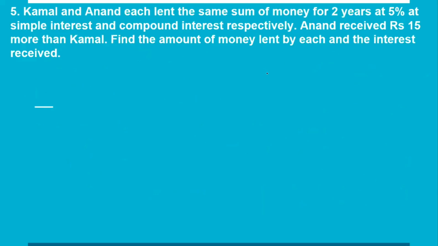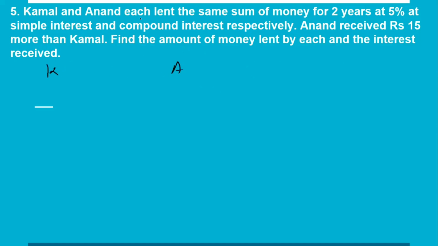Question number 5. Kamal and Anand each lent the same sum of money for 2 years at 5% simple interest and compound interest respectively. And Anand received rupees 15 more than Kamal. Find the amount of money lent by each. So we have here Kamal and Anand, two people.